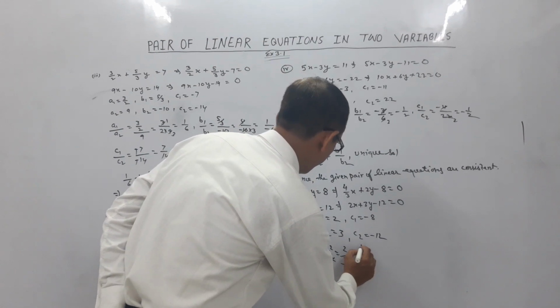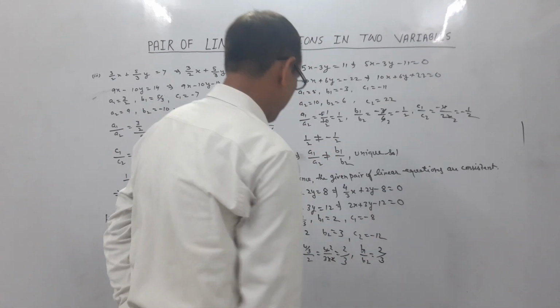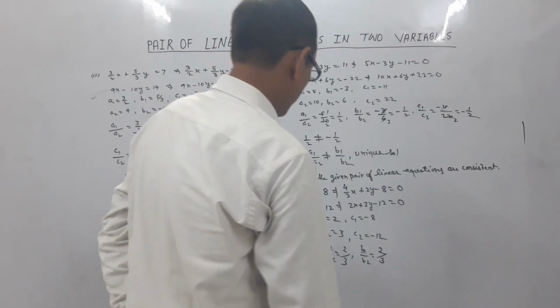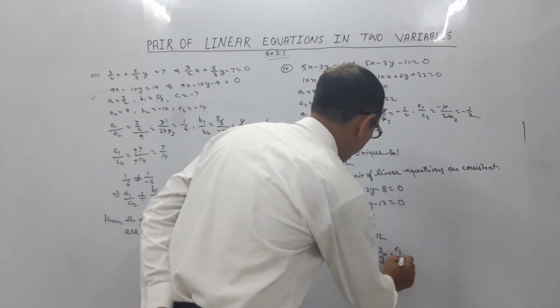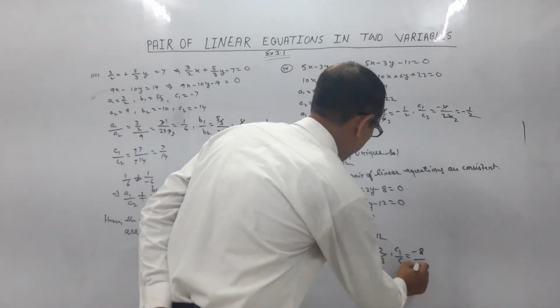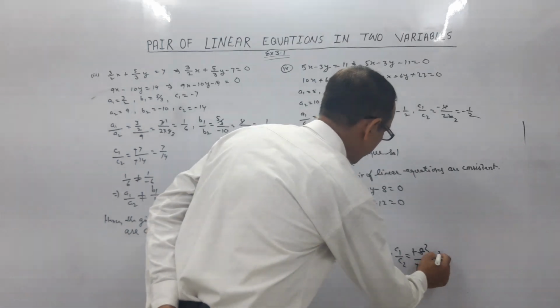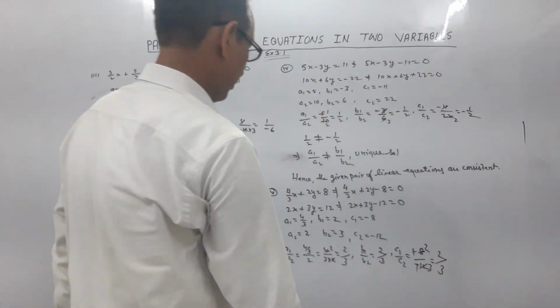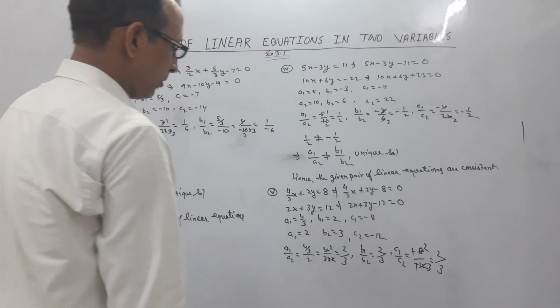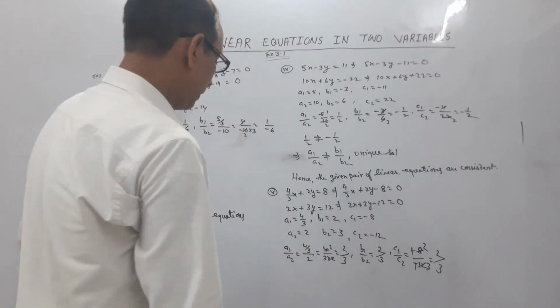And b1 by b2 equal to also 2/3, and c1 by c2 equal to -8 by -12. So 4 2s, 4 3s, so this is 2/3. So I think all are 2/3.